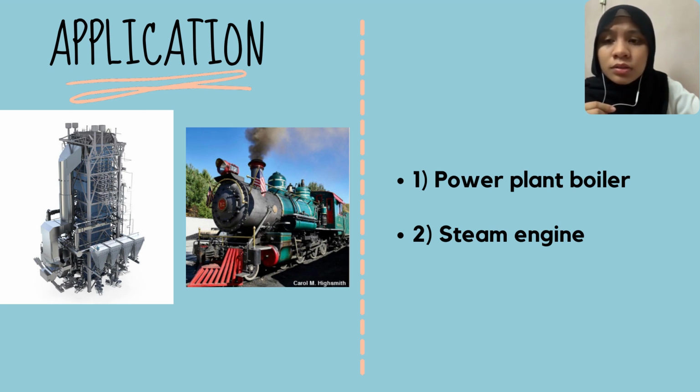The boiler generates steam at high pressure and high temperature, and the steam turbine converts the heat energy of steam into mechanical energy, and then the generator converts the mechanical energy into electric power. So that's how a power plant boiler works.